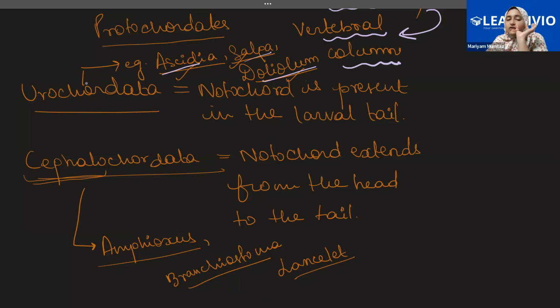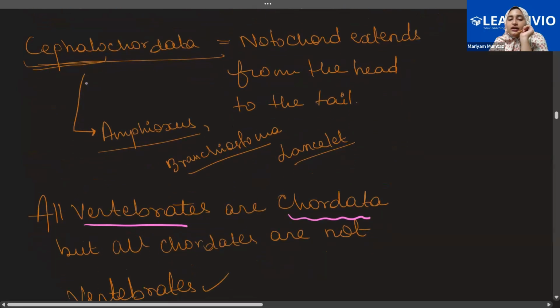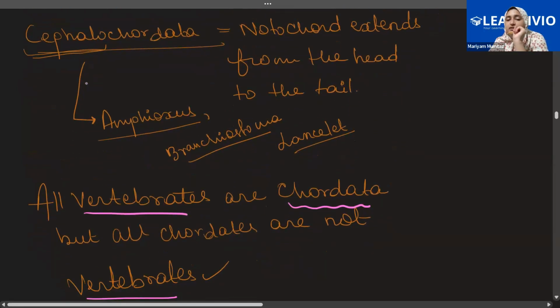Wherever you see the word cephalic, it means the head. Whenever the notochord extends from the head to the tail region in the organism, it is known as a cephalochordate. Examples are Amphioxus, Branchiostoma, and Lancelet.